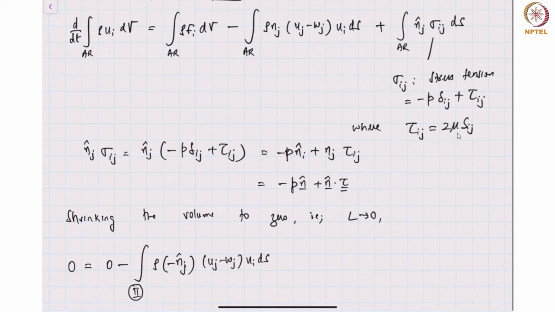Then I have to write down the stress term. So I have plus the surface integral over the face facing region 2. I have minus Nj times minus P delta ij plus tau ij.